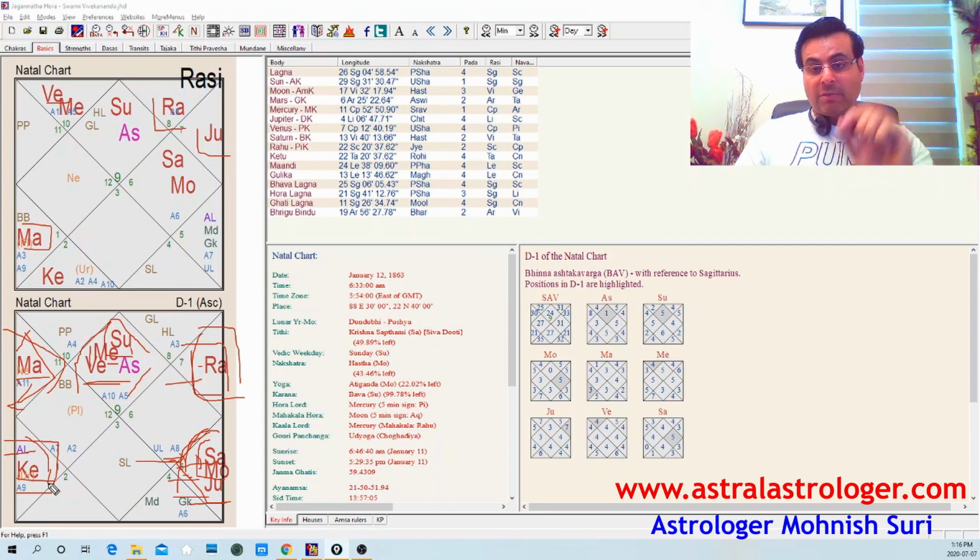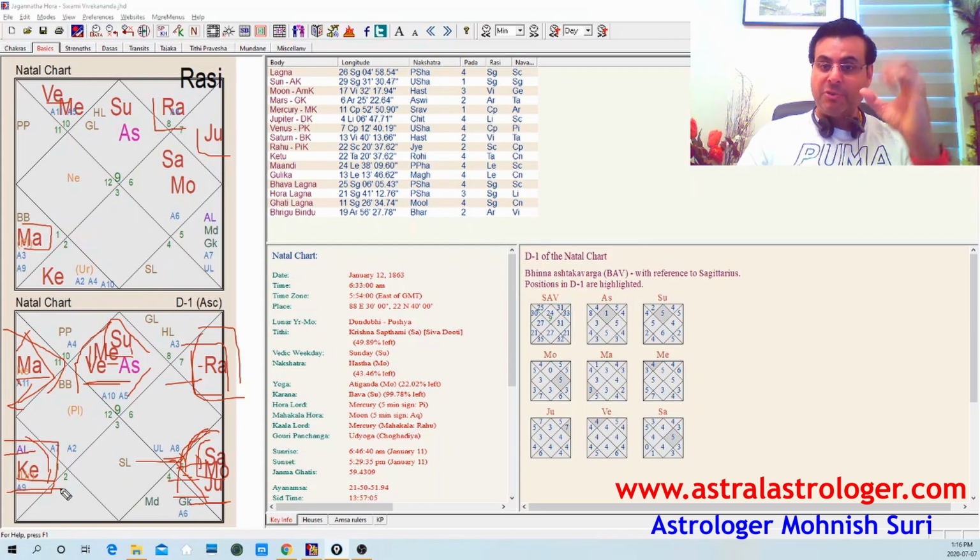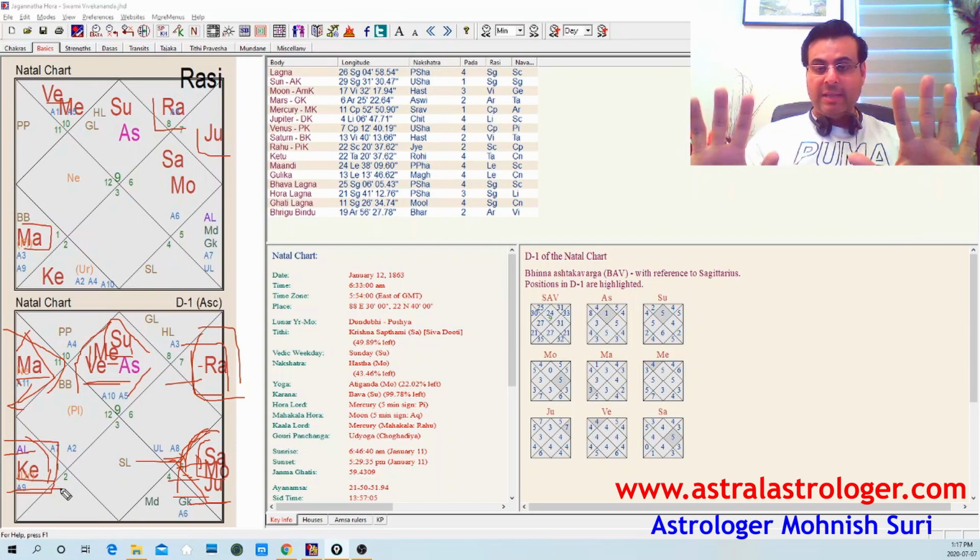The fifth house is also the house of love. He loved people unconditionally. Ketu is sitting here making him spiritual. He gets connected to people, but in the spiritual realm. No conditions. He's not saying you do this for me and I do this for you. No. You do nothing for me, unconditional, but I will still give you my 100%. The fifth house is the house of love, romance.